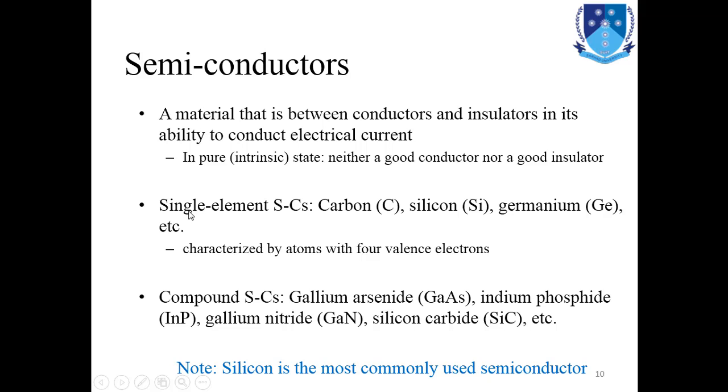Semiconductor materials are also available in compound form. The compound semiconductors include gallium arsenide, indium phosphide, gallium nitride, silicon carbide, etc. Remember that silicon is the most commonly used semiconductor material, and throughout our course we will use silicon as the semiconductor material.